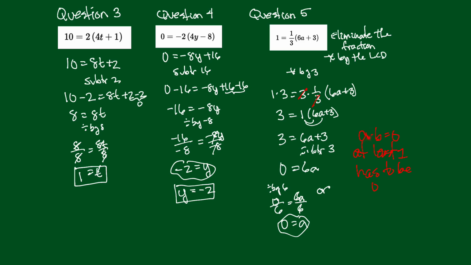One of them, maybe both, but at least one has to be 0. So down here, if I multiply these two numbers and I get 0, one of them has to be 0. Well, it's not the 6, it's got to be the a. So right away, I can see that a has to be 0. That's called using the zero factor property. The zero factor property. We're going to use that later.